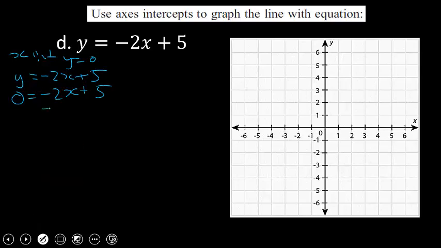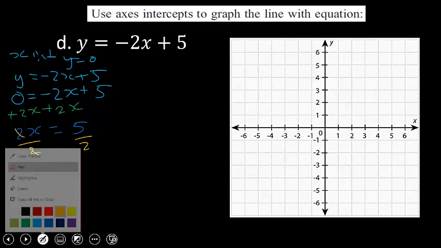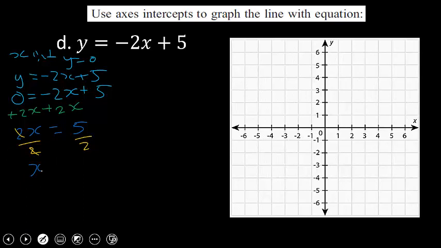I'm going to go with minus 2x because it is negative, so I'm going to make it positive by saying plus 2x on both sides. So I have 2x equals 5. Now I divide by 2 on both sides to get rid of that 2. And I have x equals 5 over 2.